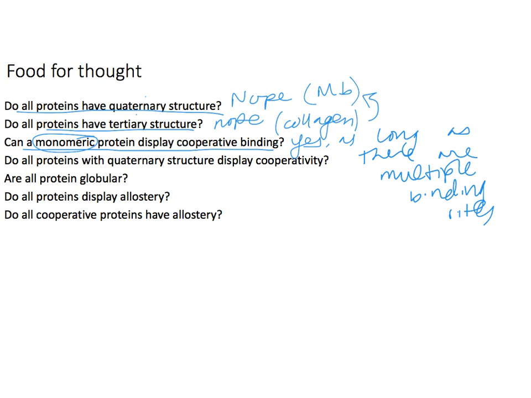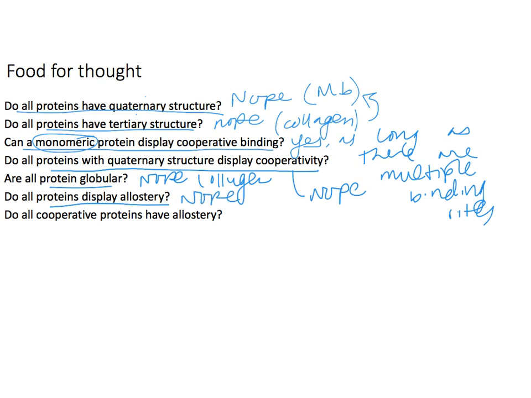Okay. Do all proteins with quaternary structure display cooperativity? Nope. Not a requirement. Are all proteins globular? Nope. For example, collagen is not. Do all proteins display allostery? That means they all have changes in shapes? Nope.